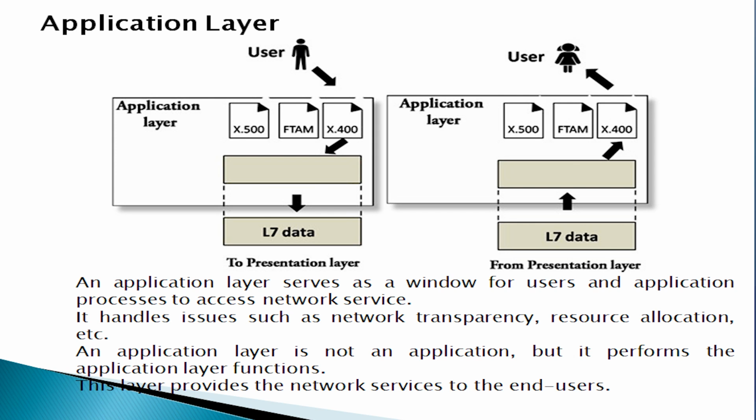Functions of application layer: file transfer, access and management, FTAM. An application layer allows a user to access files in a remote computer, to retrieve files from a computer and to manage files in a remote computer. Mail services.